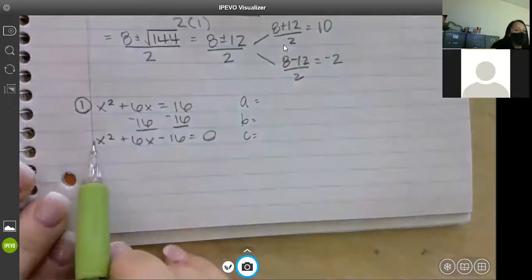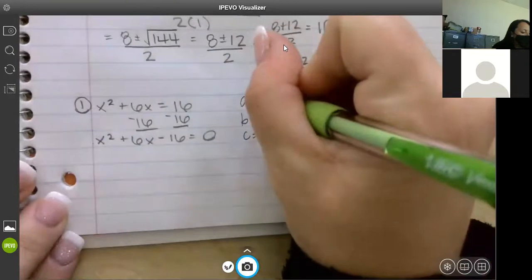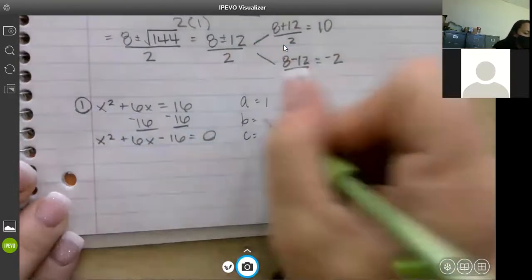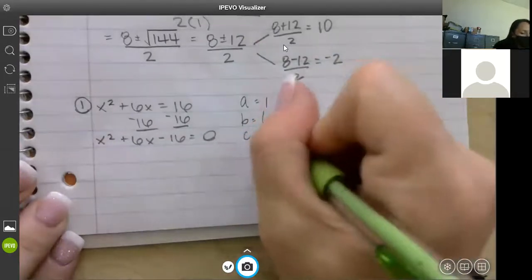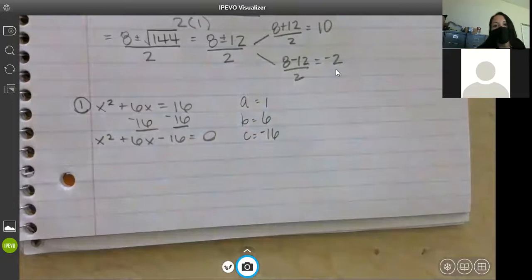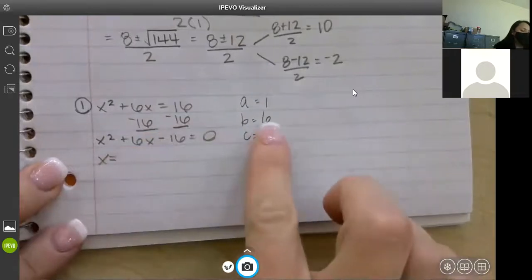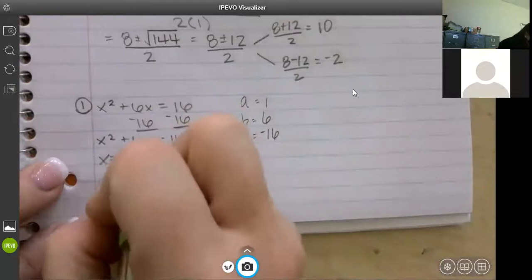What's your first number that you have? What's in front of the x squared? 1. What's the next one? +6. What's the next one? What kind of 16? Negative, right? Okay. So then our formula says x equals, change the sign of b. So instead of +6, what am I going to put right here? -6.